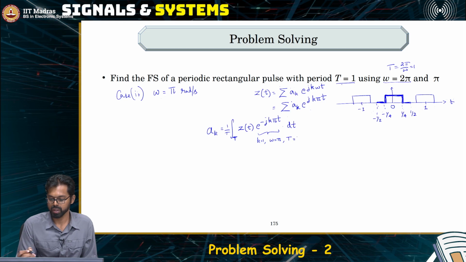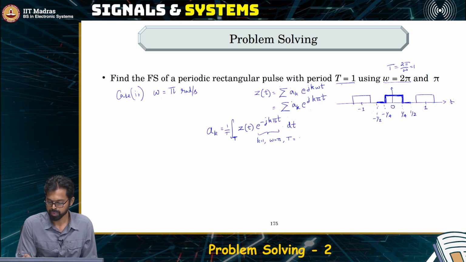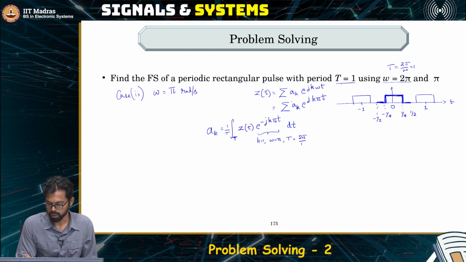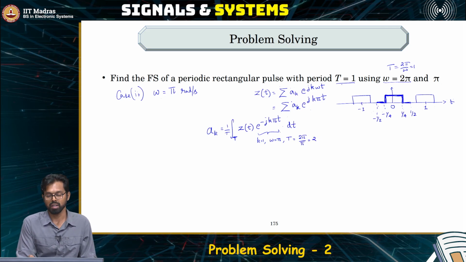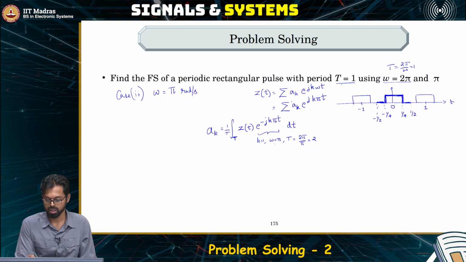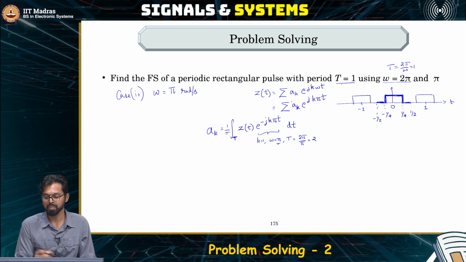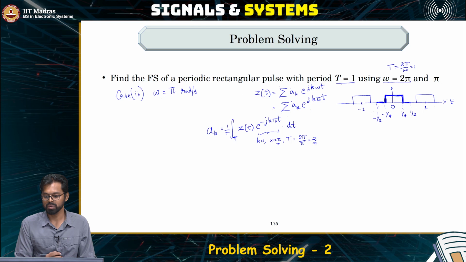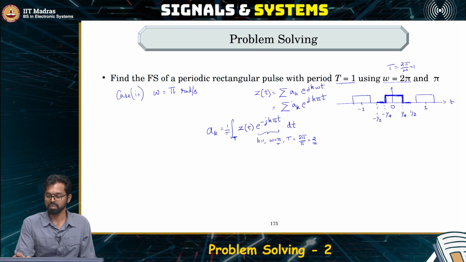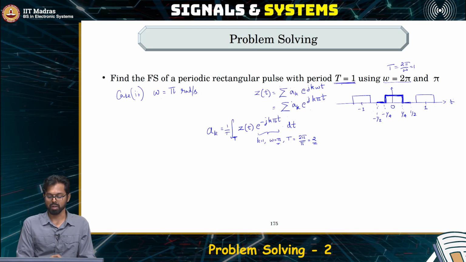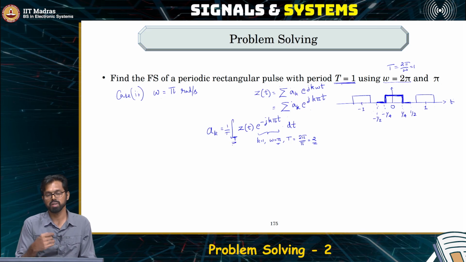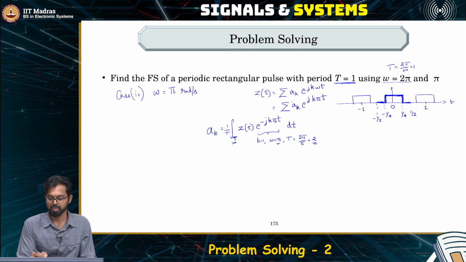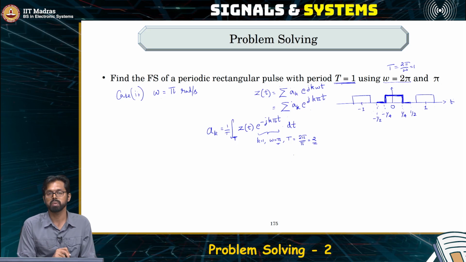The corresponding period here is 2 pi divided by pi, which is 2. So this phasor, which has a frequency of pi radians per second, has a period 2 which is larger than the fundamental period of the rectangular signal. So if you integrate this with just period 1, then the phasor will not even complete one full cycle, which means the computation will be incorrect.